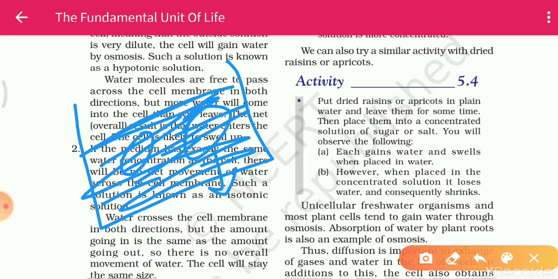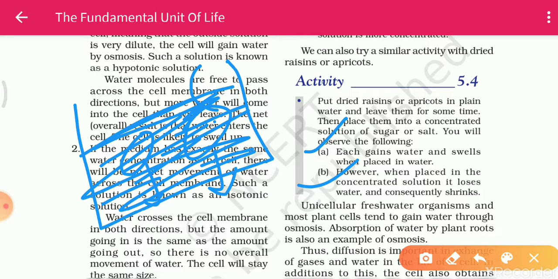Because the salt is more concentrated, and the water which is present inside this raisin comes out, and this raisin shrinks. You will see here each gains water and swells up when placed in water, and in the second case, when they are placed in the concentrated solution, it loses water and consequently shrinks.